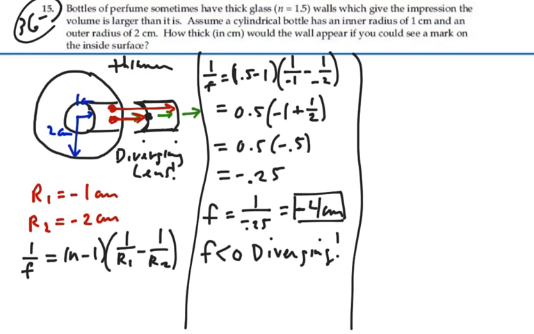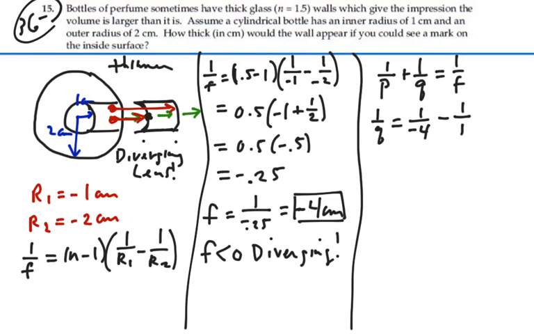If we apply the thin lens formula to this, 1 over P plus 1 over Q is equal to 1 over F. Let's solve this for the image distance. So 1 over Q is going to equal 1 over a negative 4 minus 1 over P, which is 1 over, and then we're going to assume that we are 1 centimeter for our object distance.